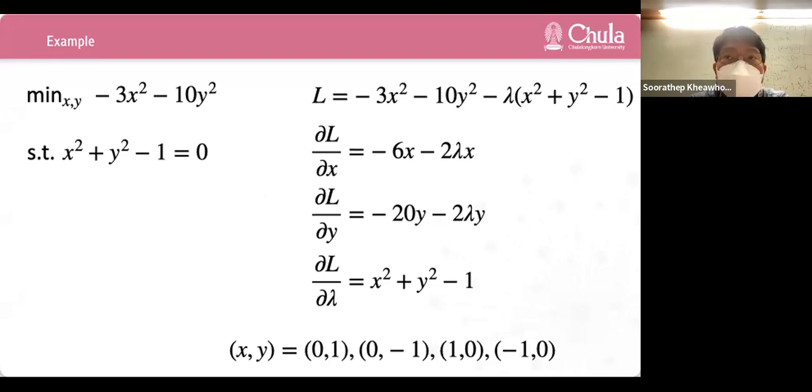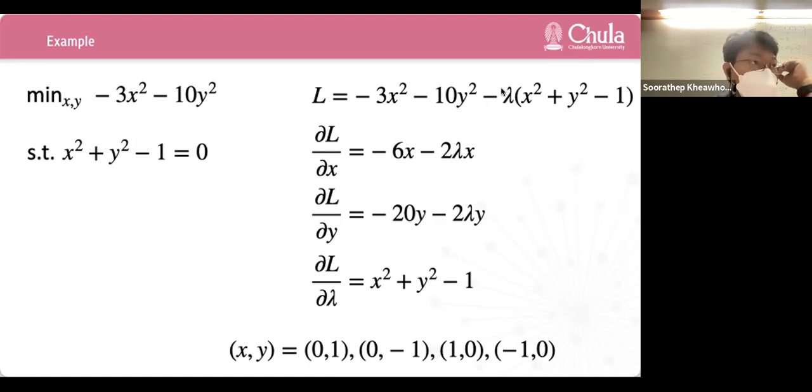For the Lagrange function, our Lagrange function is a combination of the objective function, this one, and lambda times this constraint. In front of lambda, you can put plus or minus.